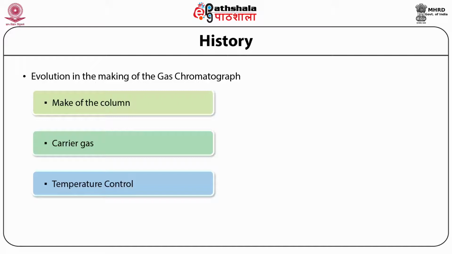In a step further, resistive heating of metal-clad columns is being introduced, which is helpful in extremely rapid heating and cooling. On the basis of mobile phase and stationary phase used, it can be gas-liquid chromatography or gas-solid chromatography.